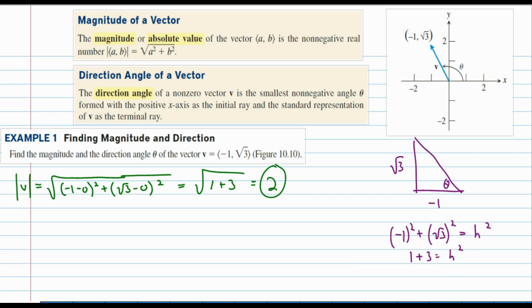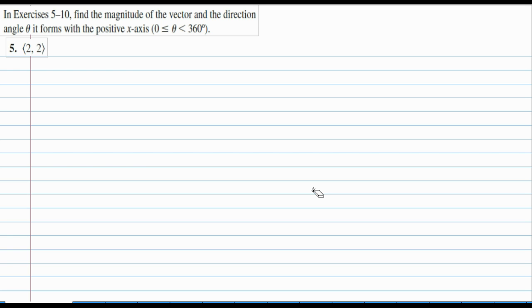Pythagorean theorem gives me the hypotenuse, so I get that this distance is 2. So that angle then, right there, the sine of theta is the square root 3 over 2. However, that is in quadrant 2, so it's not going to be pi over 3, it's going to be 2 pi over 3.